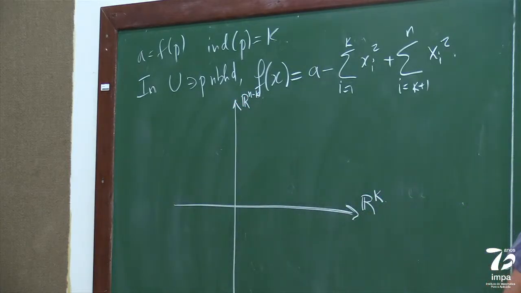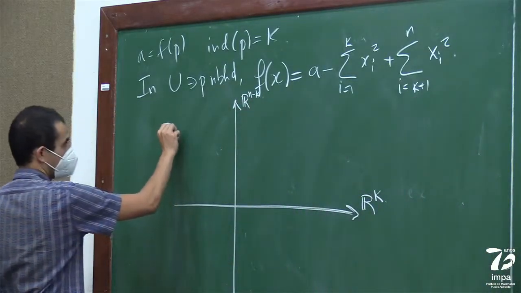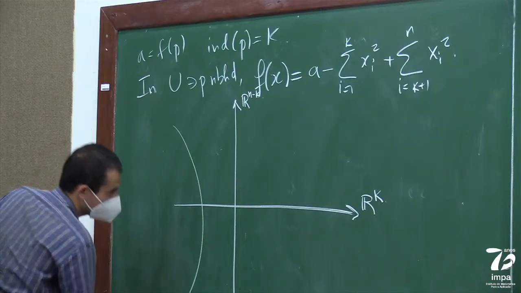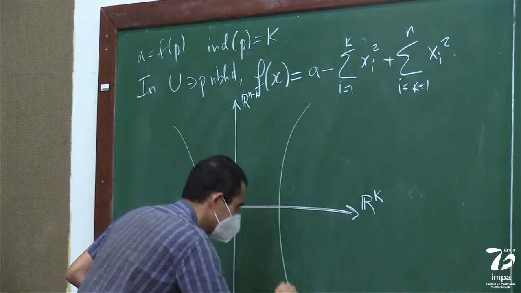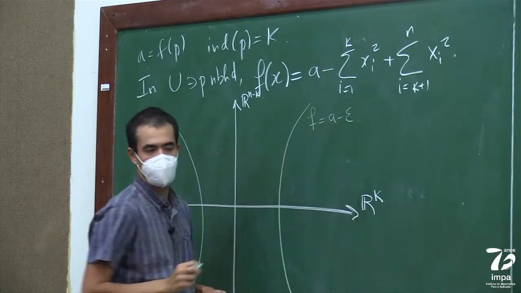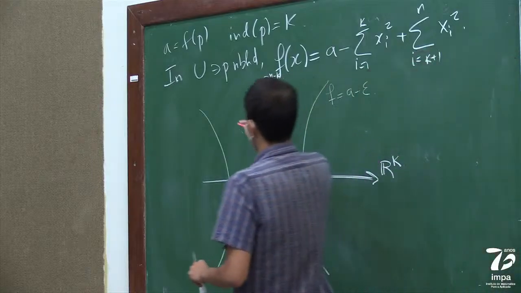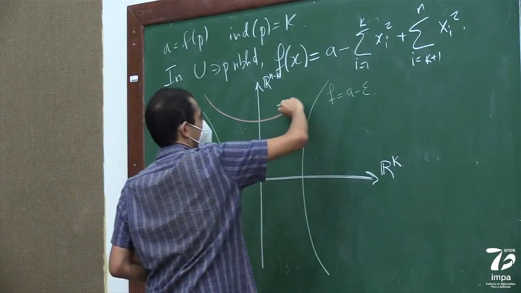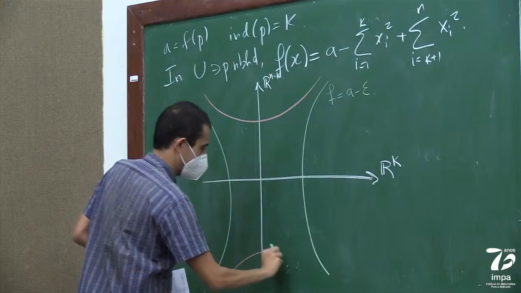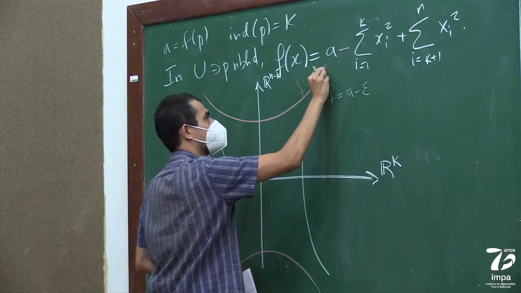So now, basically you can see here, here's the level curve, f equals a minus epsilon. And here is the level hypersurface, to be more precise, f equals a plus epsilon.